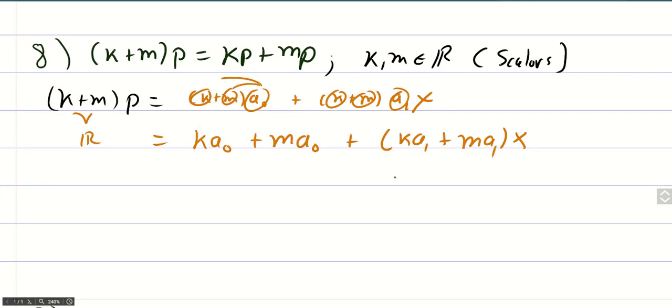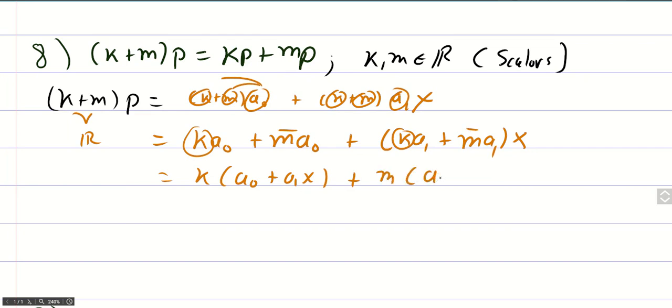Then we can group those elements that are multiplied by k, and we have k times a0 plus a1x, and for those that have the m, we can take m as a common factor.